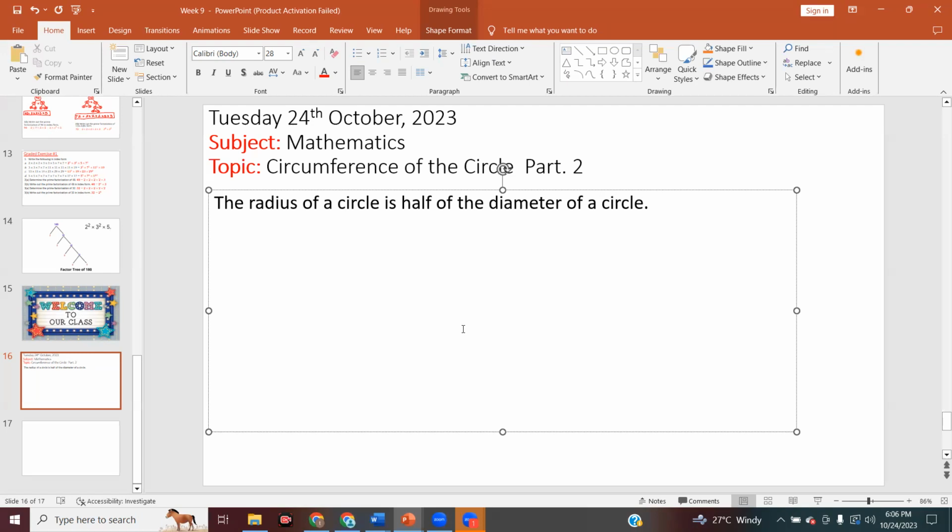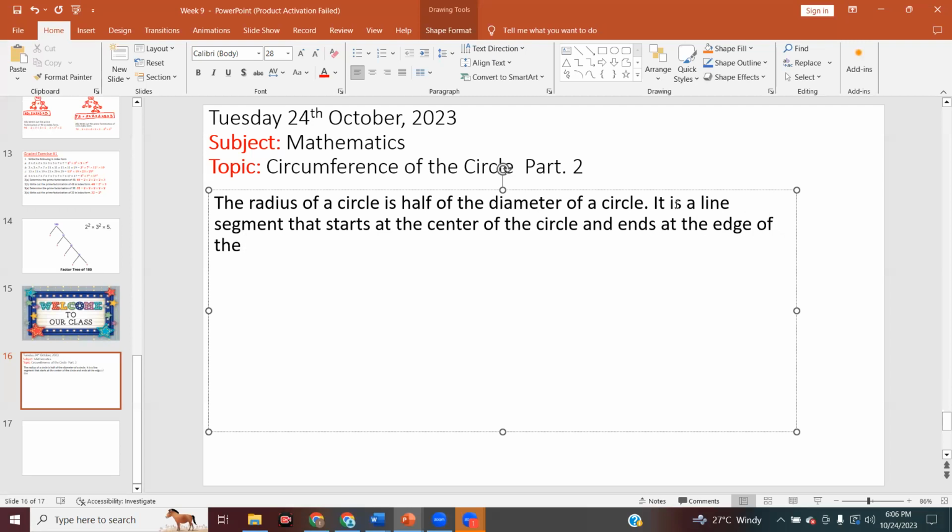It is a line segment that starts at the center of the circle and ends at the edge of the circle.